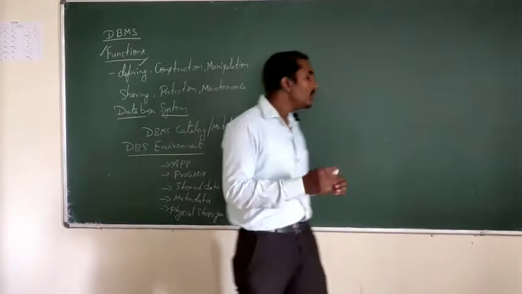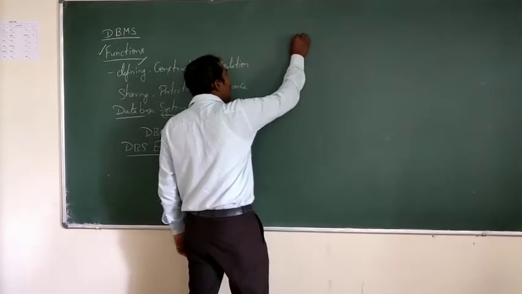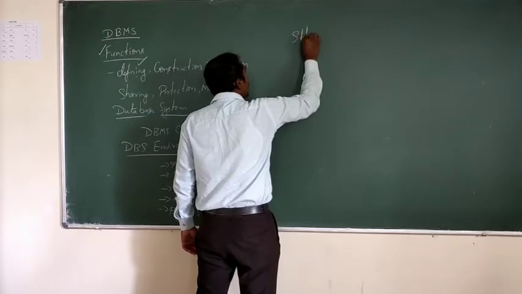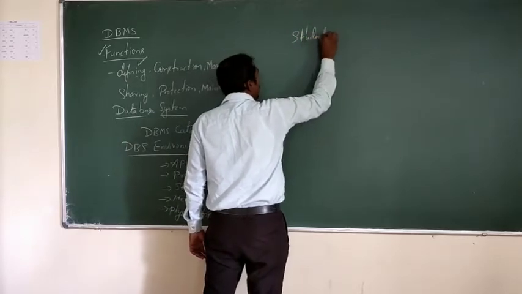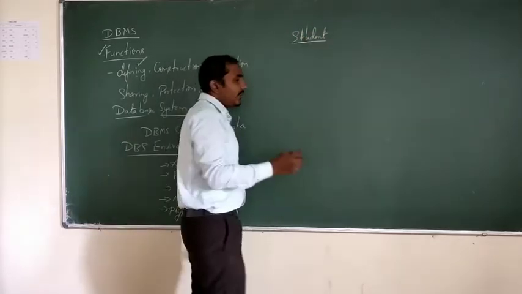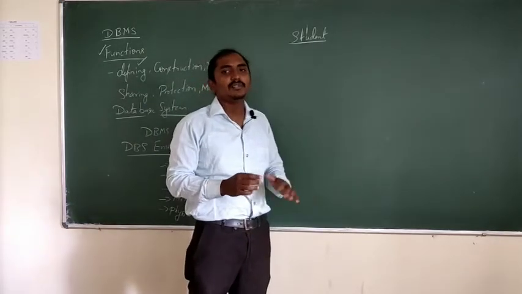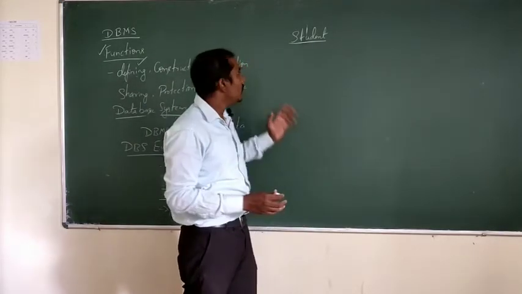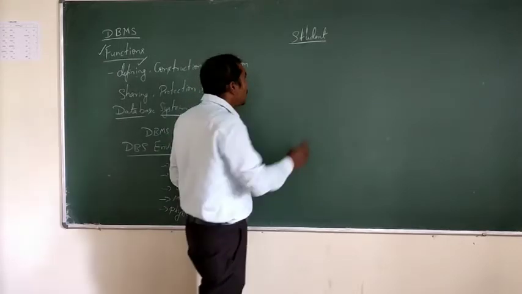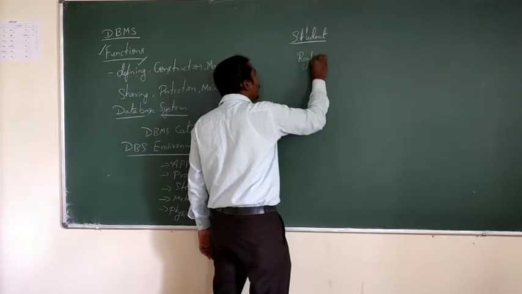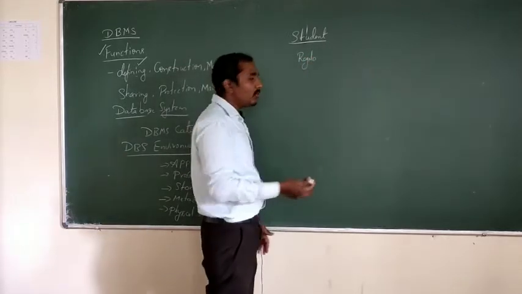Say for example, if I want to store details of a student, I need to define the specific structure of that particular definition. Whenever I say student, that particular student will have some unique number, say register number.